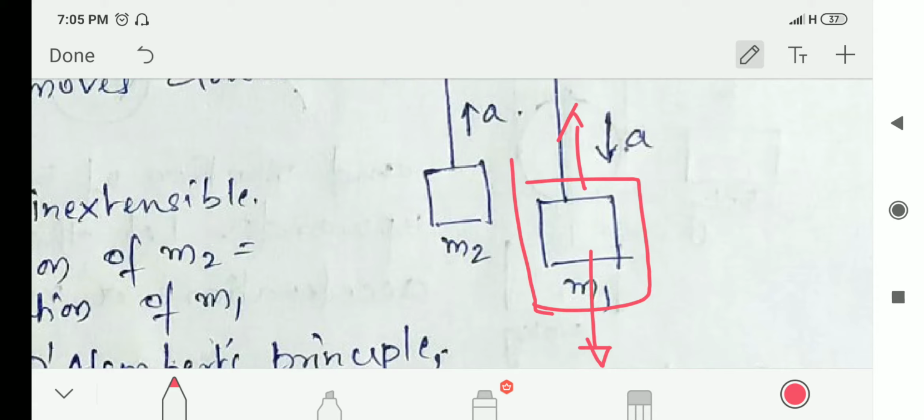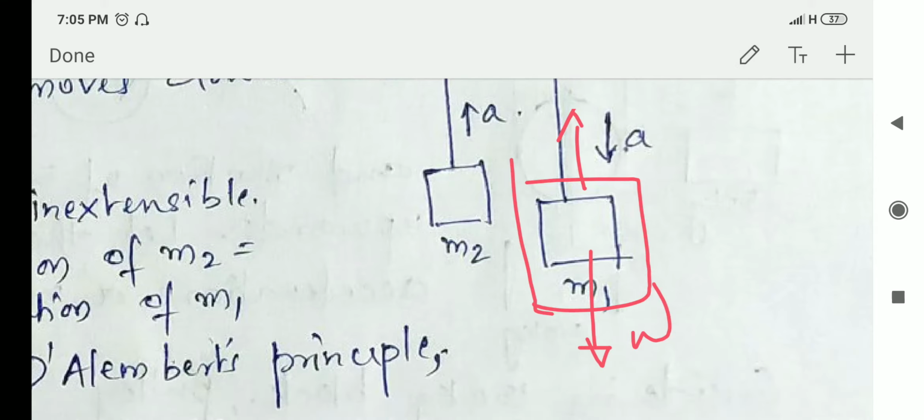So how can we write D'Alembert's principle? Forces in the direction of motion are positive, so W minus T equal to M into a. Here M equal to M1 and W by g equal to M1. That assumption we have to write, and that equation we have to use. So we can arrive at the formulation.